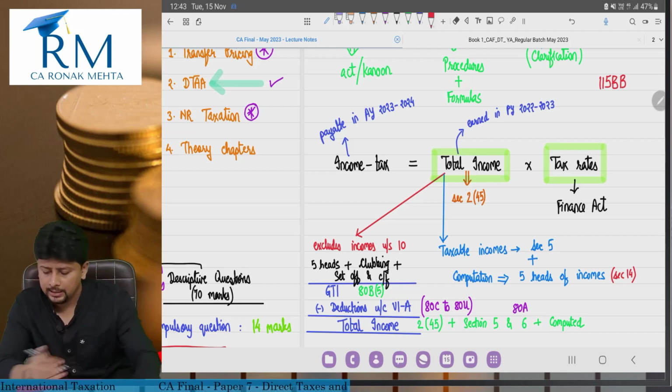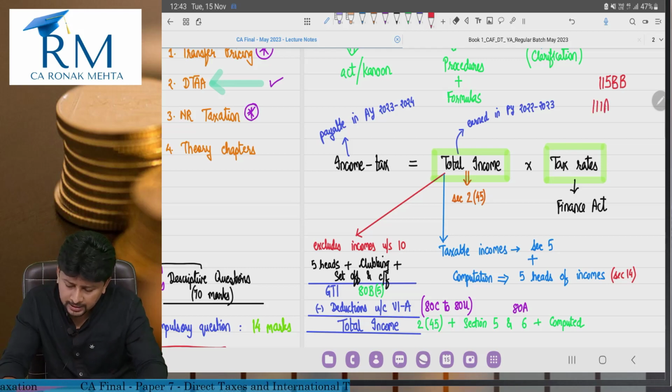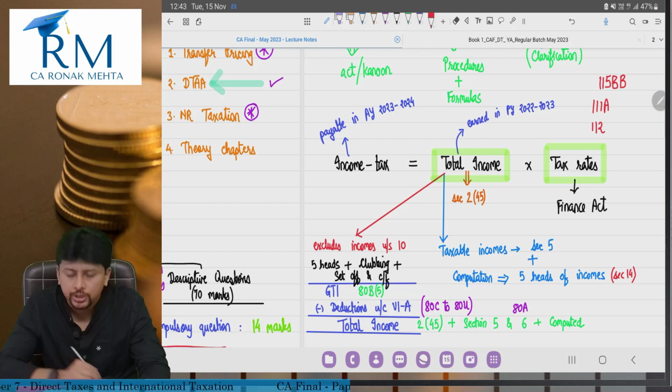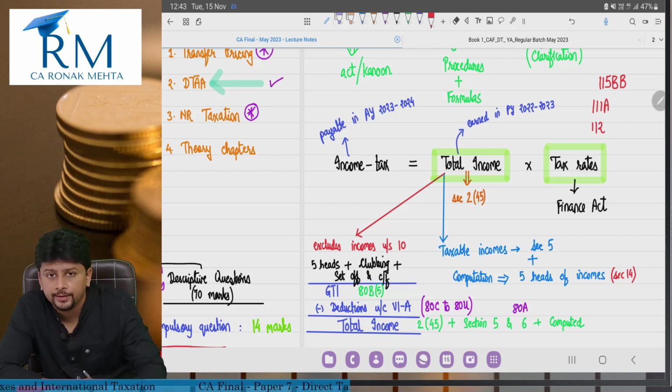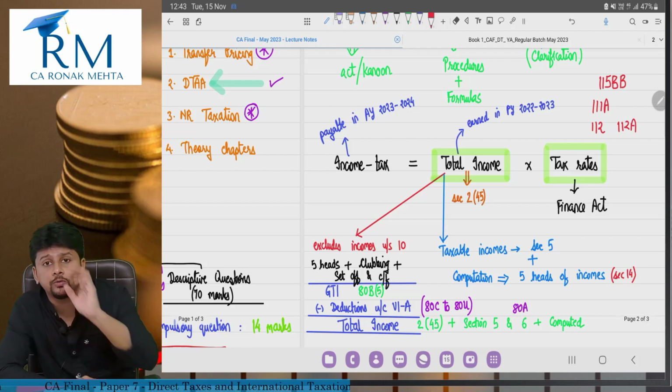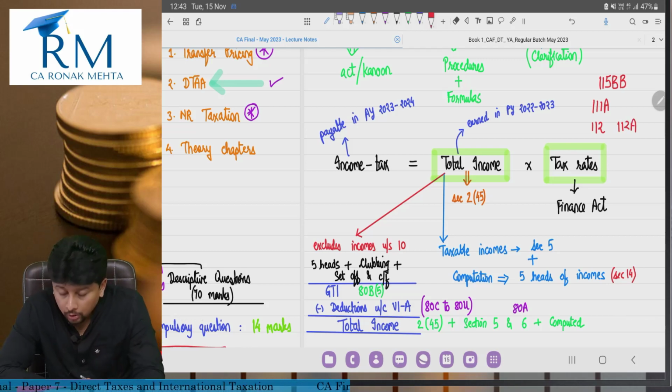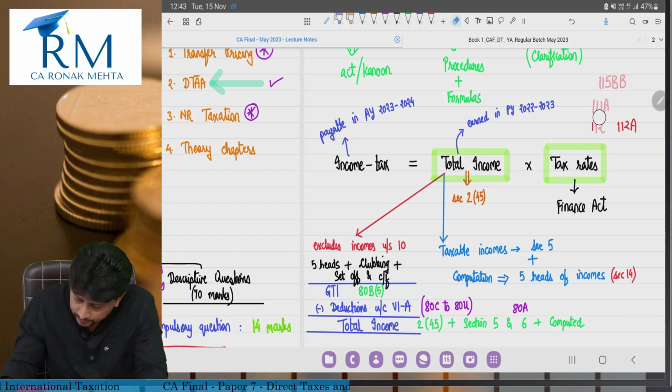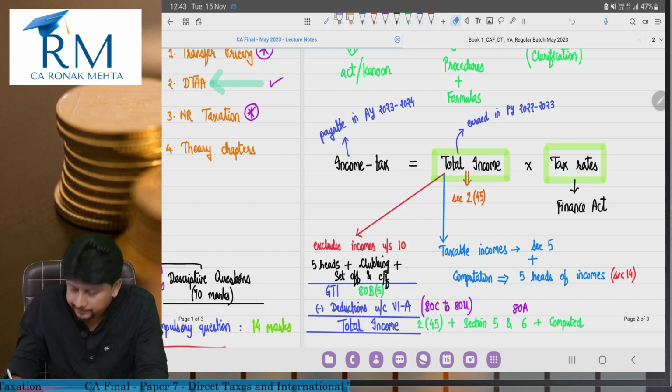Short-term capital gain, section number 111A, 15% tax rate. Long-term capital gain, section number 112, 20%. 112A, 10% without indexation. All these are section numbers of Income Tax Act. They are also giving me tax rate.